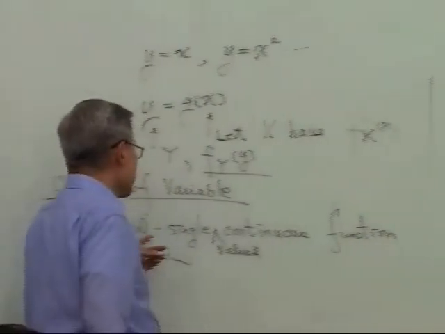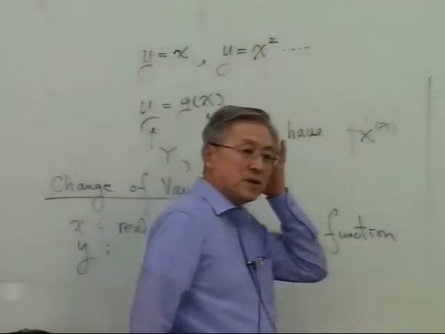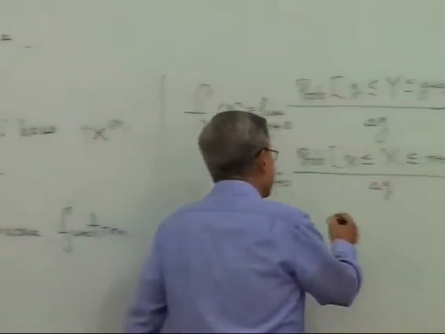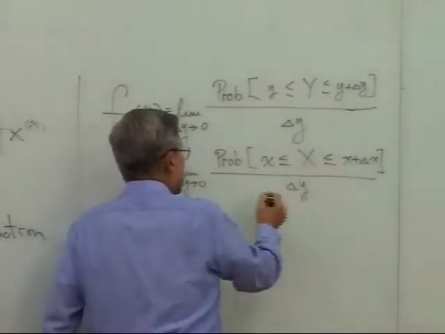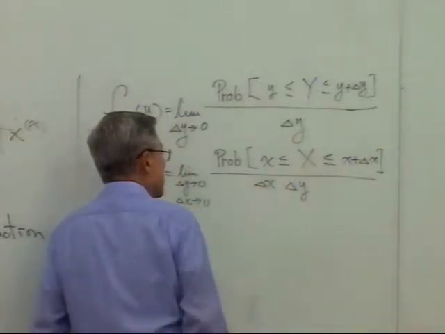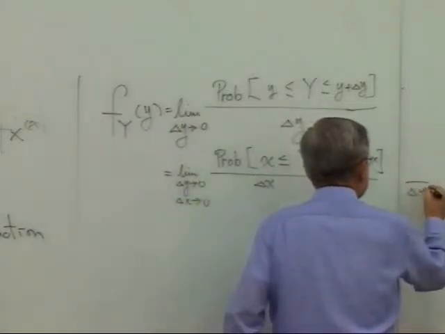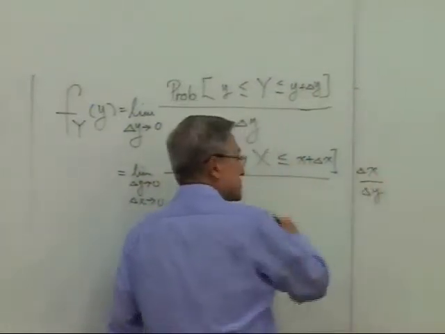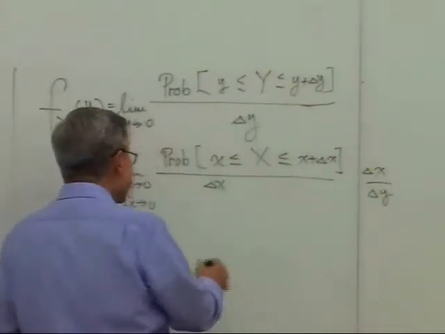Because this is a real single-valued function, and x and y have a one-to-one relationship. In addition, I'm going to multiply and divide by delta x, so it cancels out and there is no change. It's not magic, but it's pretty good, isn't it?